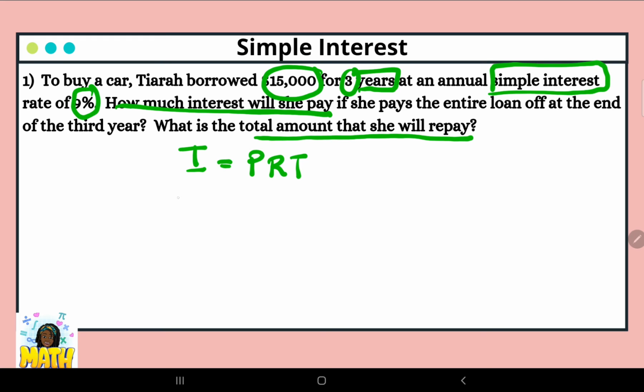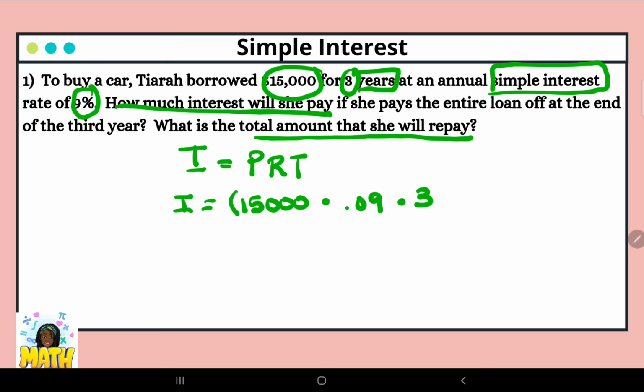So let's go ahead and plug this in. 15,000 represents our P, which is our principal. And then we're going to multiply that by our interest rate, which is 0.09. So the rate is converted to a decimal. And then multiply that by time, which is 3.